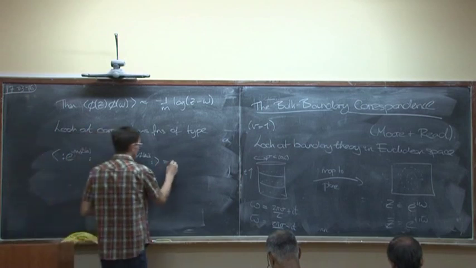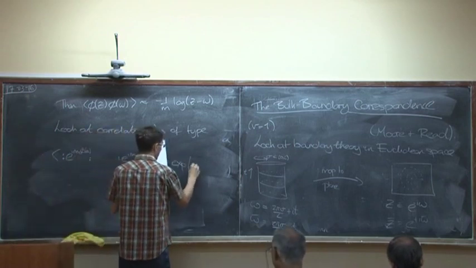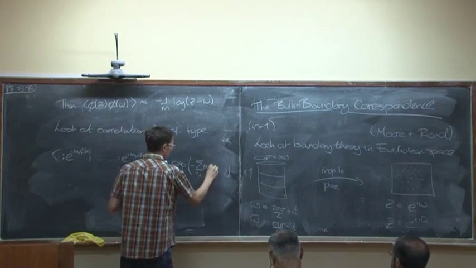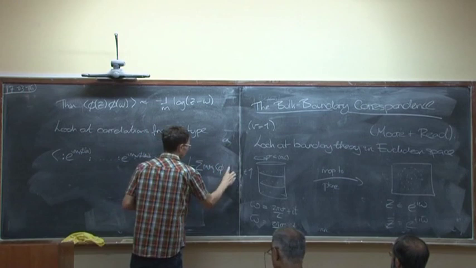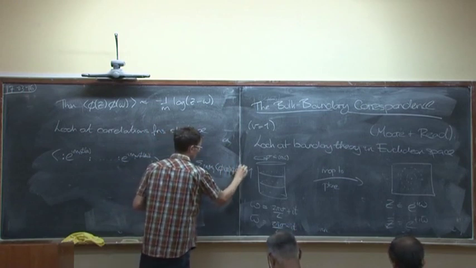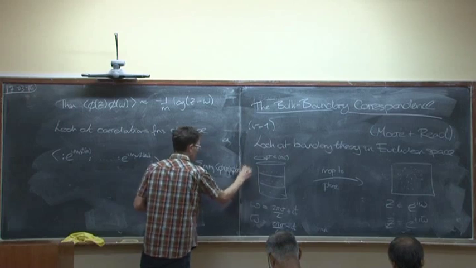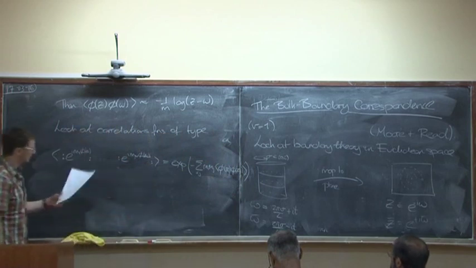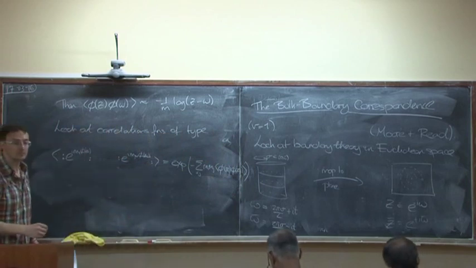And the general expression is the exponential of minus the sum over i less than j of m_i m_j times the log of z_i minus z_j.